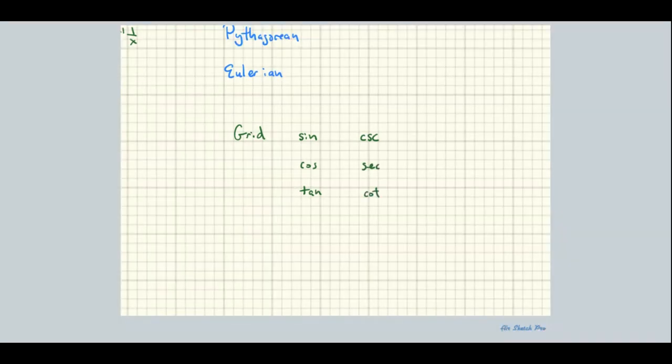And the only thing that's missing is the cotangent, which is at the same time a reciprocal and a cofunction. It's the only one that does that. So we get function and 1 over function. That's the reciprocal identities.